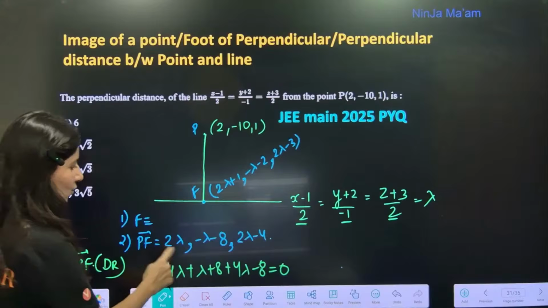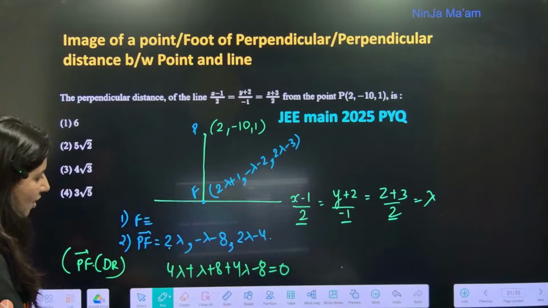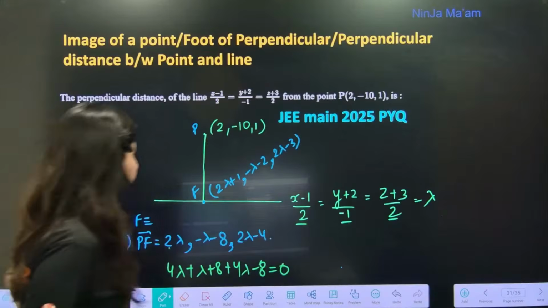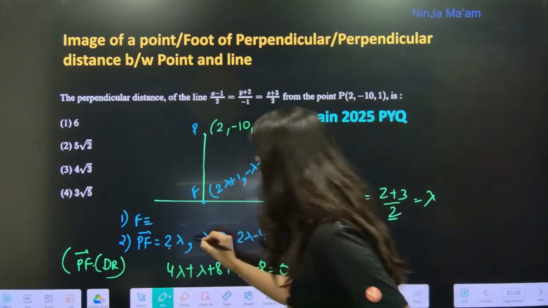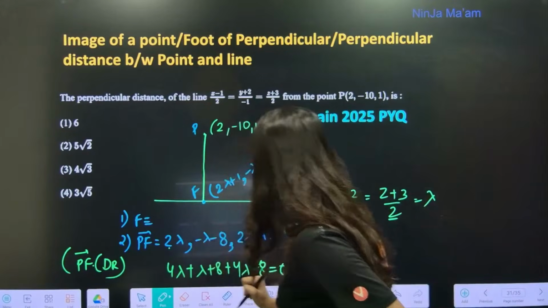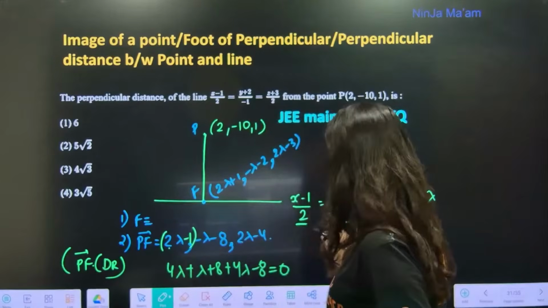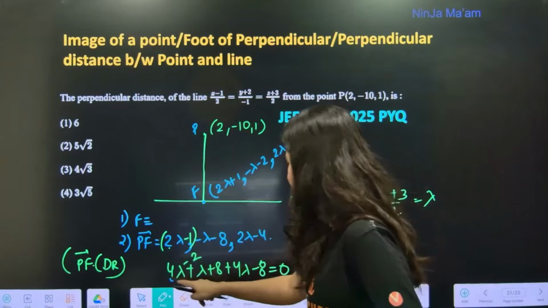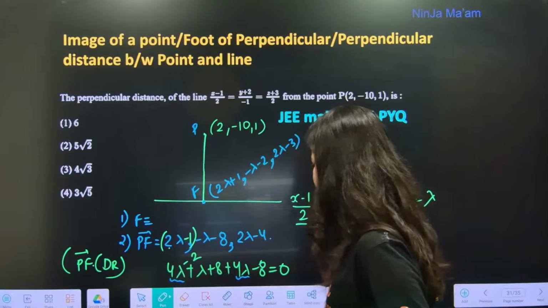Sorry, the PF component is 2 lambda minus 1, so 2 lambda minus 2, 4 lambda minus 2. Now it's correct. So now 4 lambda plus 4 lambda, 8 lambda, 8 plus 1, 9 lambda.